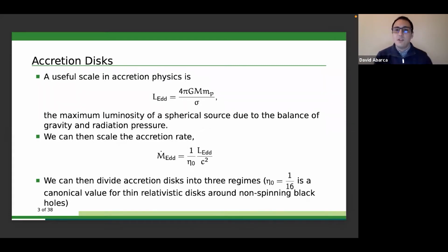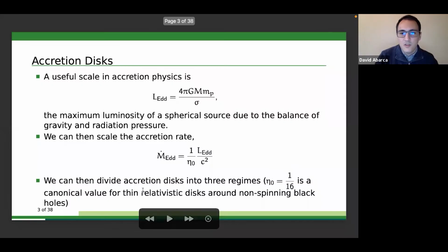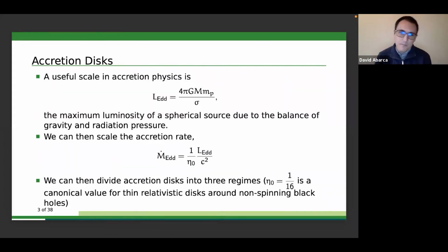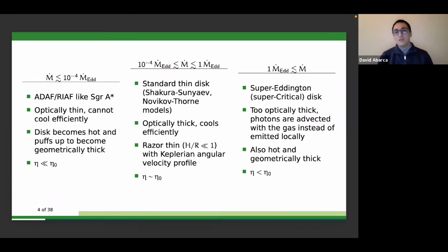There's a difference between the true efficiency, how much luminosity is actually produced, and this efficiency that I throw in there as a yardstick, as a unit of measure. Normally I'm using like 1/10 or 1/16 or something. And it's important because we can divide accretion disks into different regimes, scaled by this Eddington accretion rate.